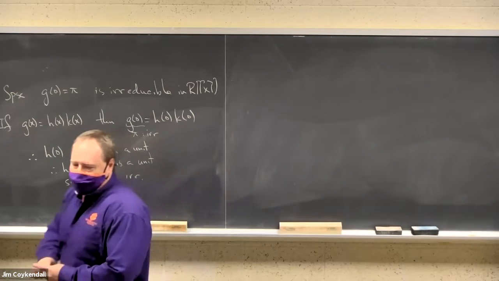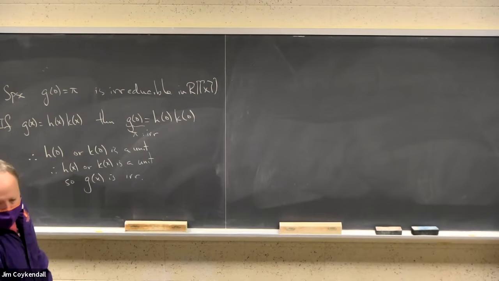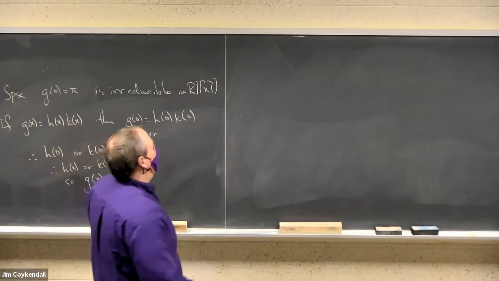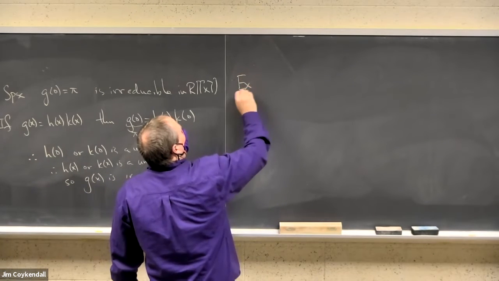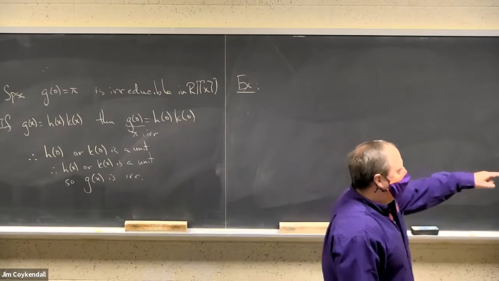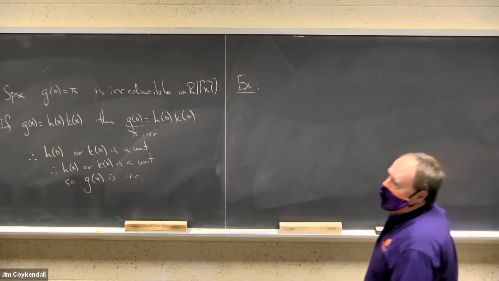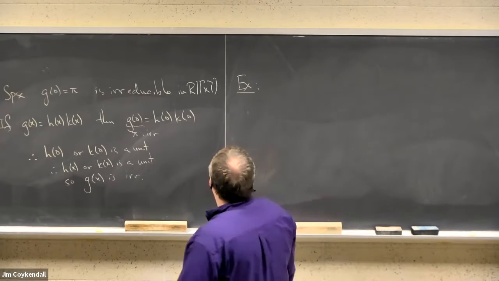Any questions on that? Let me point out, we did talk about factorization earlier. There are different things that can happen. Let me give you some examples so we can compare some of what happens. First of all, for number C, this is not an if and only if. It is true that if the constant term is irreducible, then the whole power series is irreducible. But the converse does not have to be true.